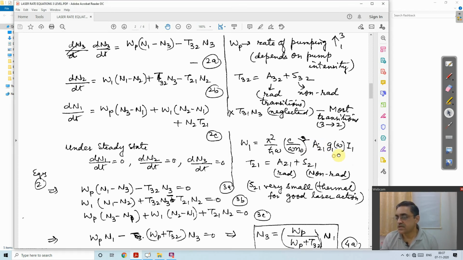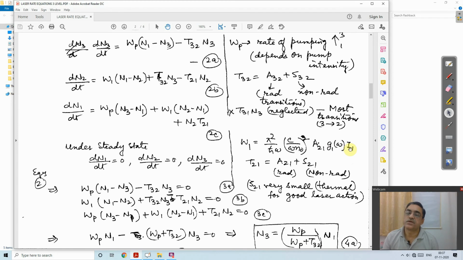Then there is a line width and line shape function and the intensity. Now, as the steady state is reached, because the numbers are conserved, we see that dN1/dt is 0, dN2/dt is 0 and dN3/dt is 0.